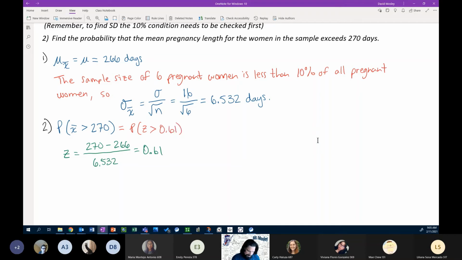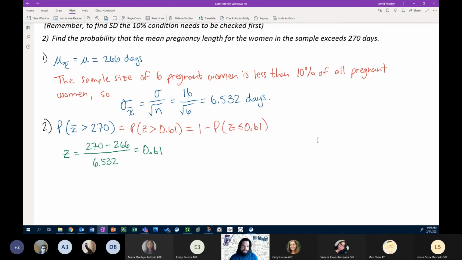Remember, table A only tells me proportions less than or equal to a value of z on my distribution. It does not tell me greater than, so we can use the complement rule. This probability is equal to 1 minus the probability of z being less than or equal to 0.61.